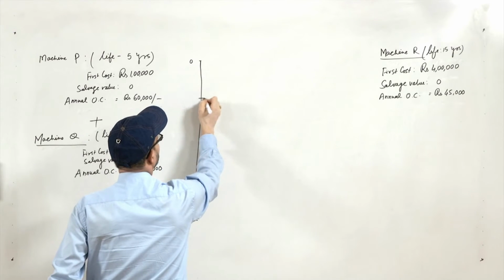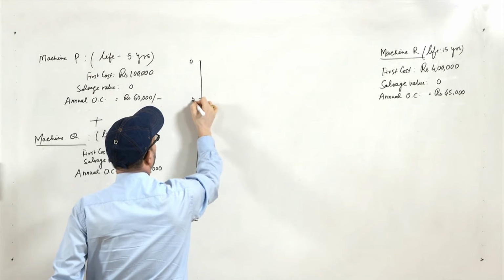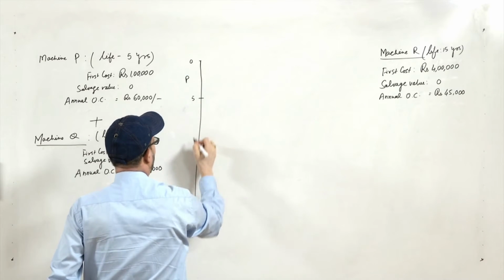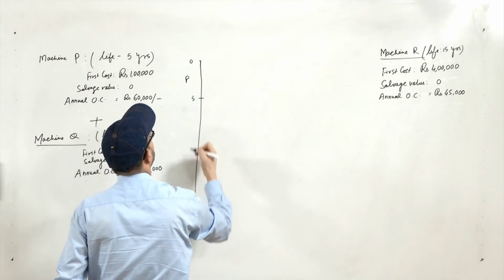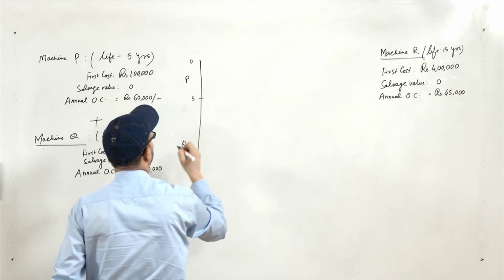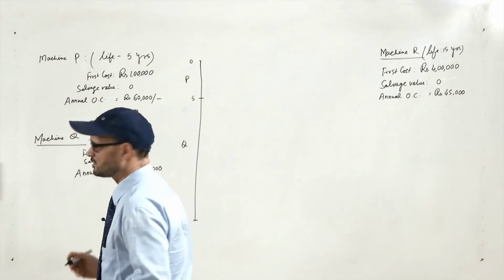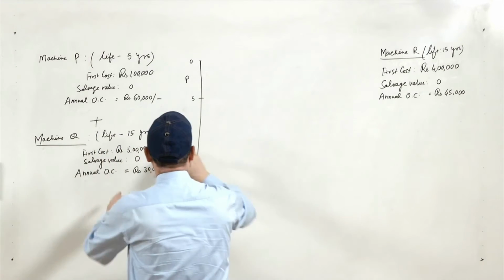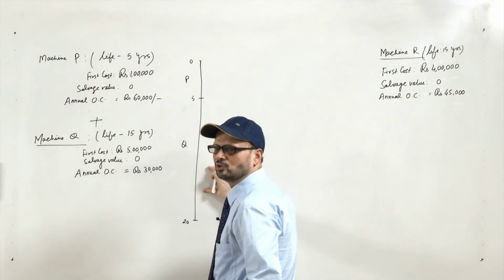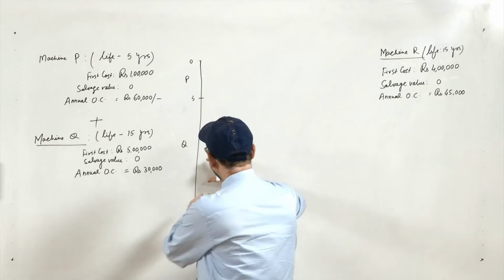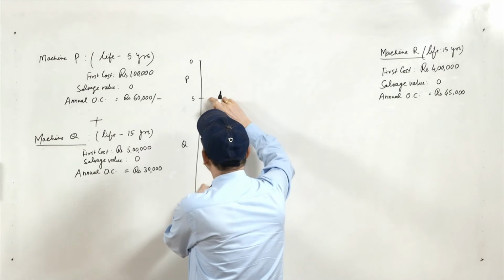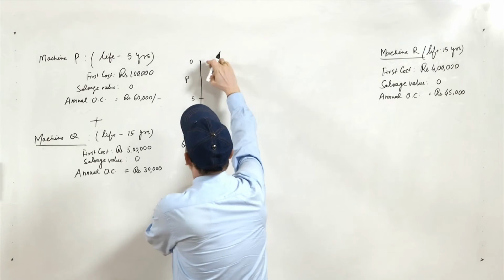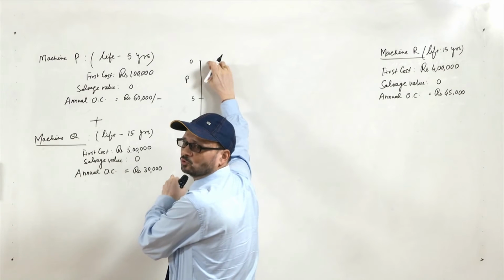Up to 5 years you have machine P, and after that for 15 more years will be machine Q. So, for this portion you take the annual equivalent value of these 10 years and then you find the present worth value.